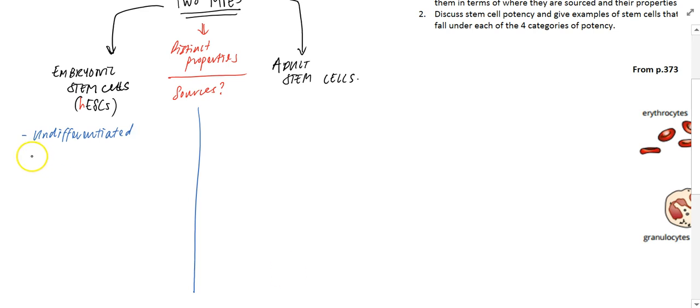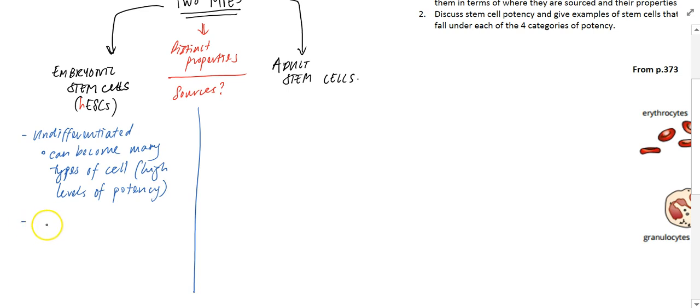And because they're undifferentiated, they can become many types of cell. So they have high levels of potency, and we'll look at potency just in a moment.